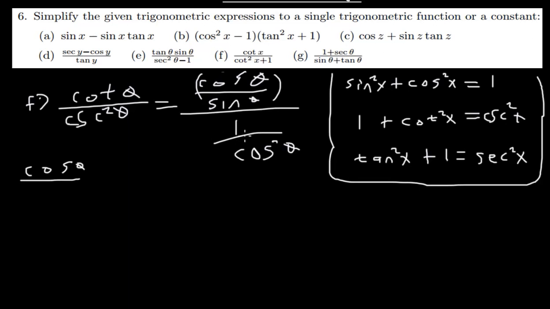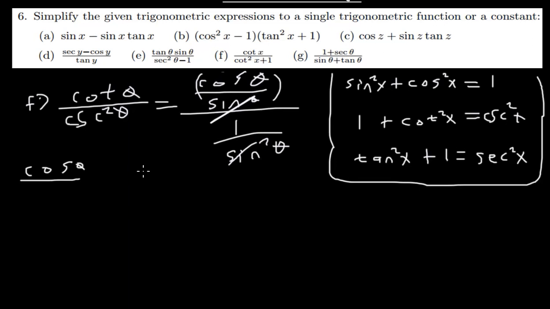Sorry, this is not supposed to be 1 over cos, but 1 over sine. It's supposed to be 1 over sine theta. So this is going to be 1 over sine squared theta, and then you discover that this sine will cancel with one sine there.